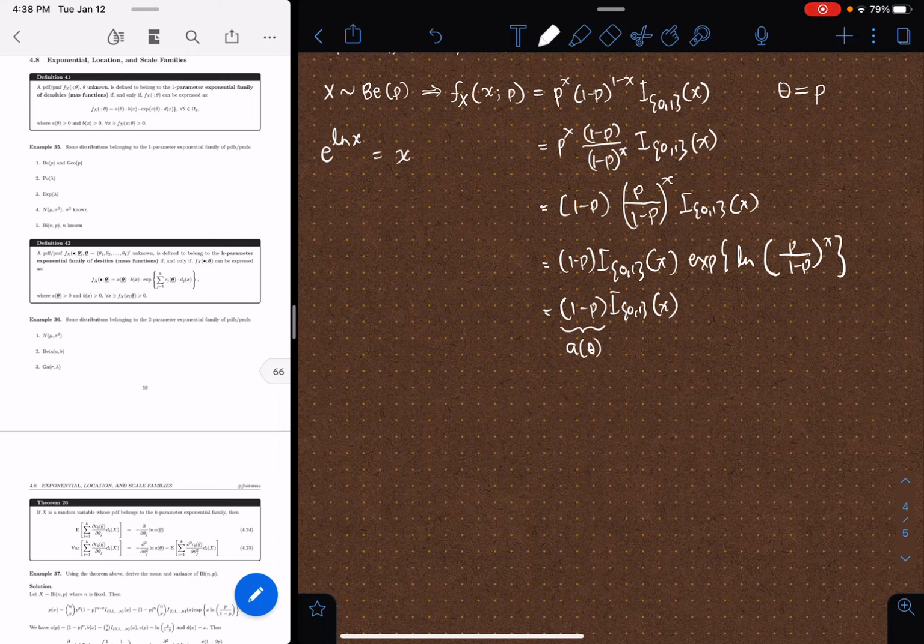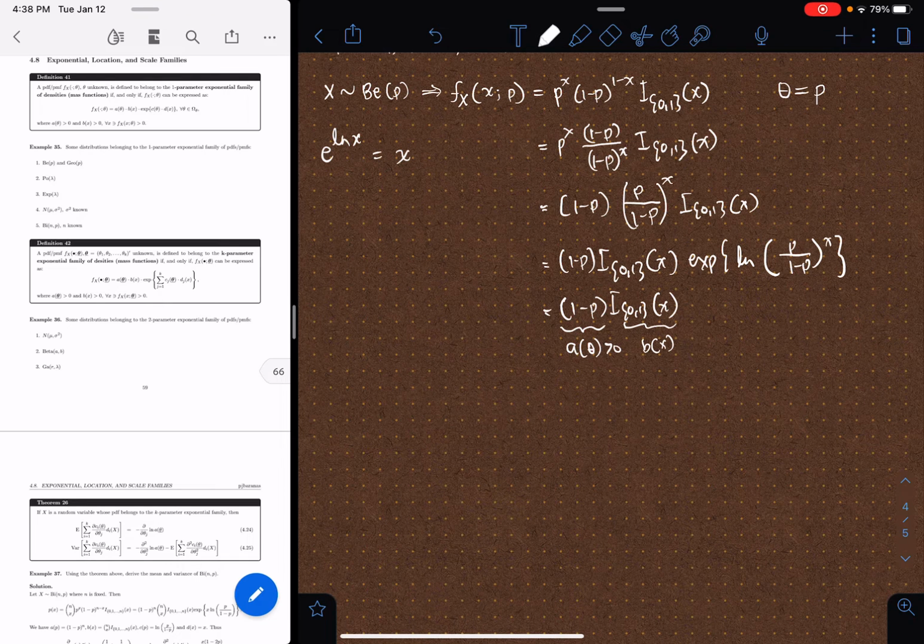Because in the Bernoulli distribution p is from 0 to 1, so 1 minus p is greater than 0. And this is also positive, or 0, the indicator function, sorry. This will be our, what's our notation? b of x.